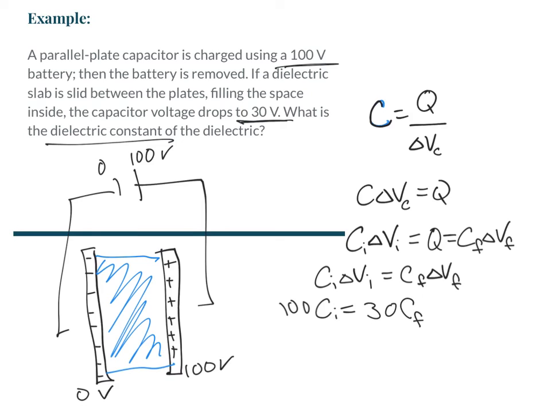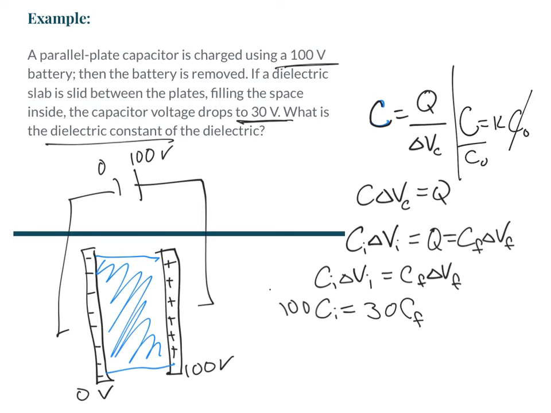So we do know that the dielectric constant equation says that the capacitance with the dielectric equals kappa, the dielectric constant, times the capacitance without the dielectric. So you can rearrange that to get the dielectric constant is the ratio of capacitance with the dielectric to without the dielectric.